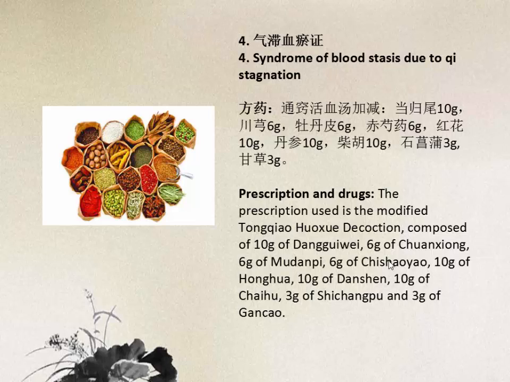Mudan pi to cool off those warm herbs, all right, because there's nothing about heat here, so we have to make sure. A lot of the blood moving formulas are fairly warm, because the flavor of herbs that disperses blood is acrid herbs, right? So acrid herbs move and disperse blood in the body.